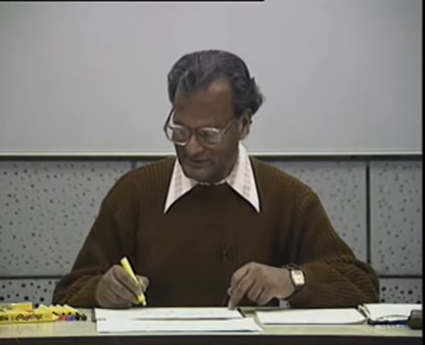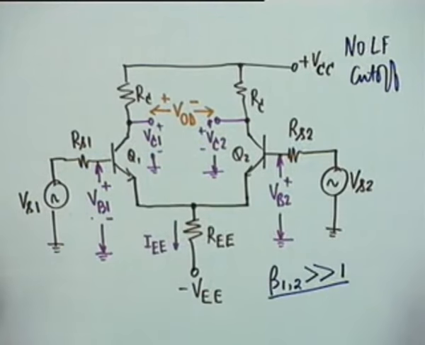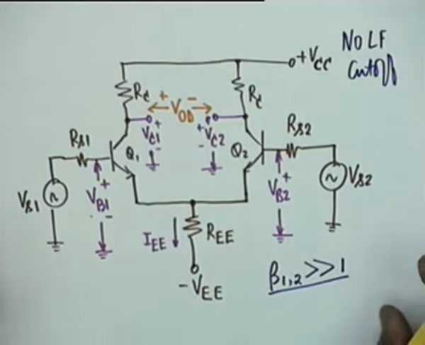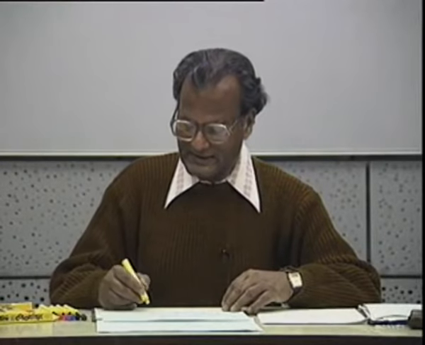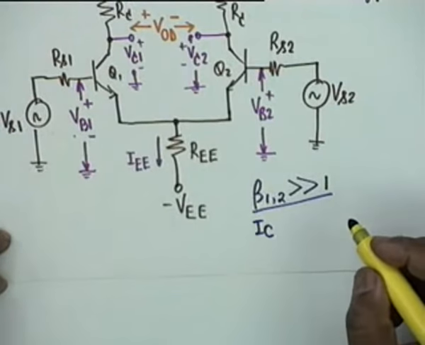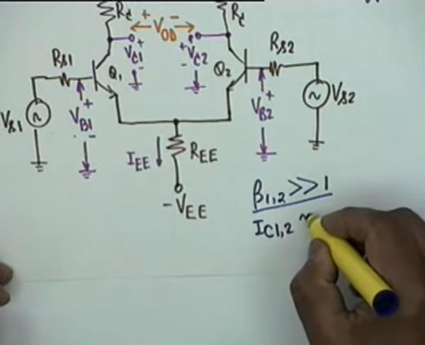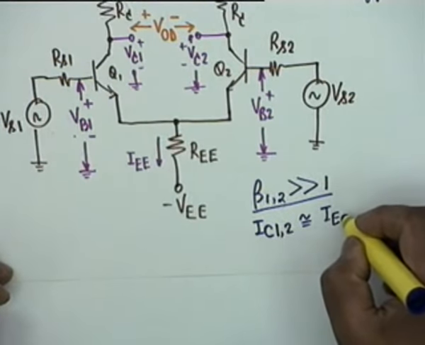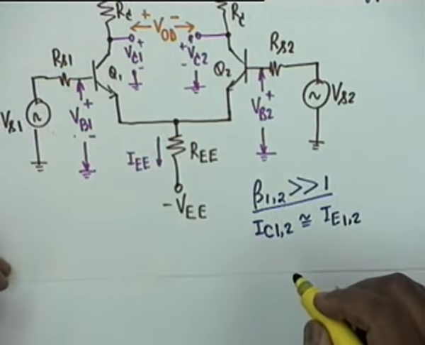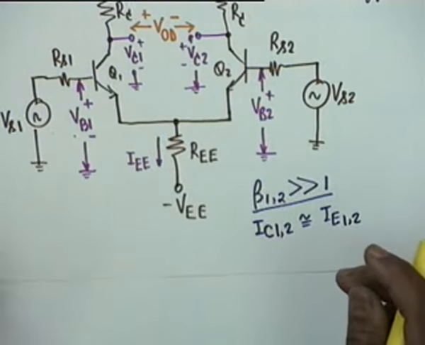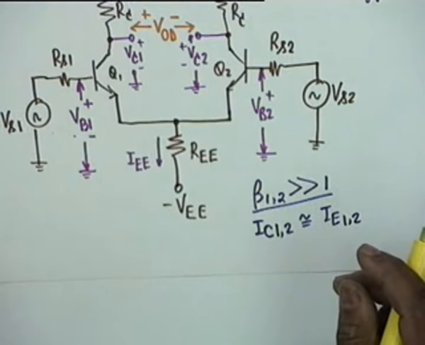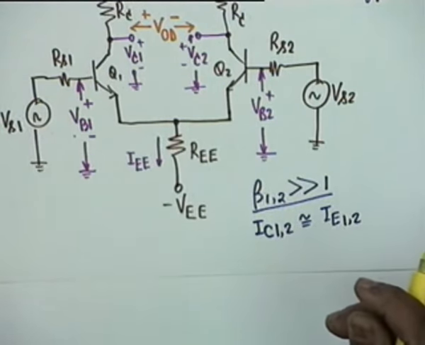It will be 149, or at the most, let's say 151. It would have a small spread. But nevertheless, we assume that beta 1, 2 are much larger than 1, which means that I sub C for both the transistors 1, 2 would be approximately equal to I sub E 1, 2. That is, the base current can be ignored.